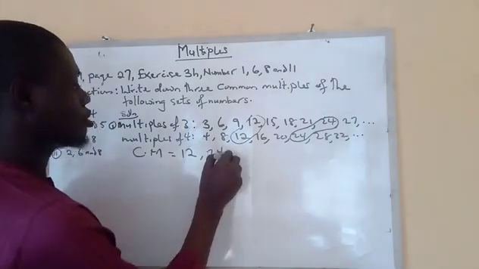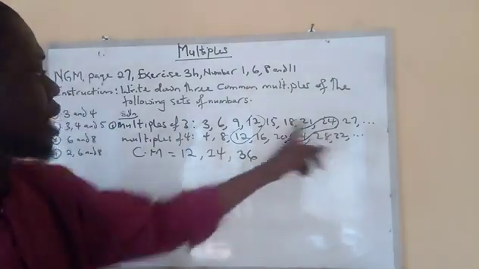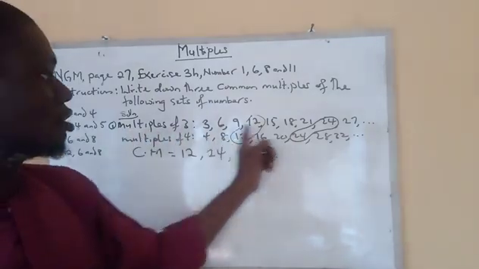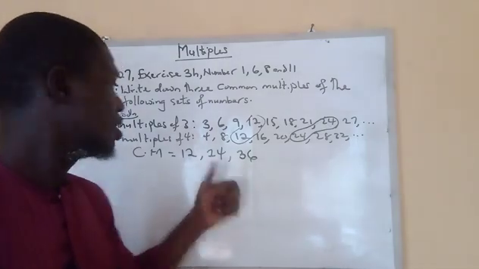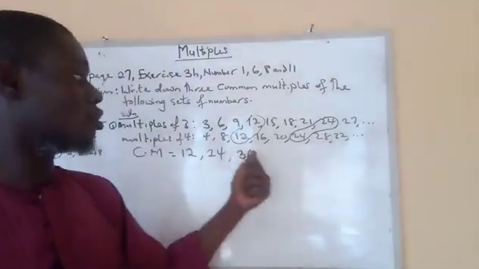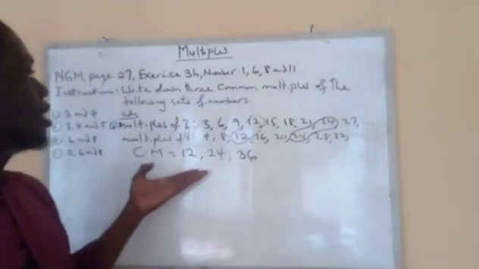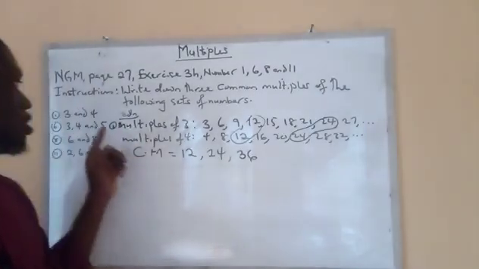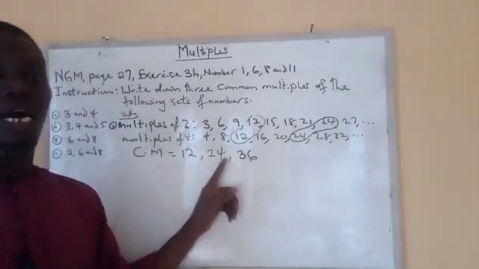The third one will be 36. When you extend the multiples of 3, you will get to a point where you mention 36. Also, you will get to a point where you mention 36 as a multiple of 4. So the 3 common multiples of 3 and 4 are 12, 24, and 36.